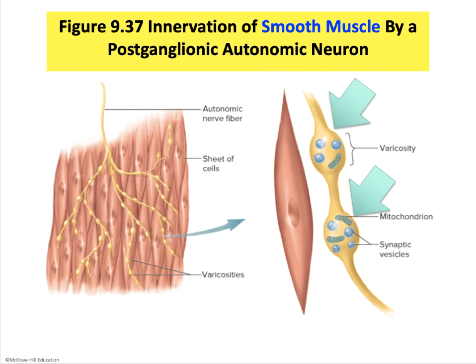Each nerve fiber of the autonomic branch has buttons or growths called varicosities, and these varicosities are the points at which neurotransmitter is released onto the surface of the smooth muscle cells. Each nerve fiber can have multiple varicosities, therefore making contact with numerous smooth muscle cells.